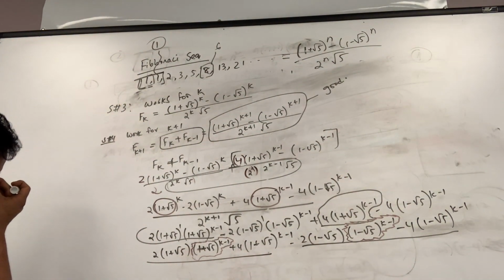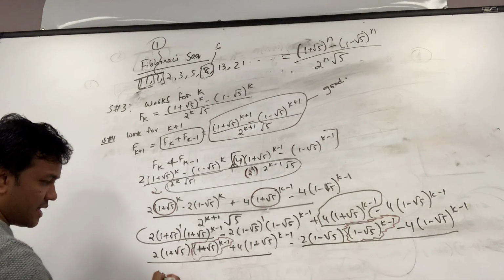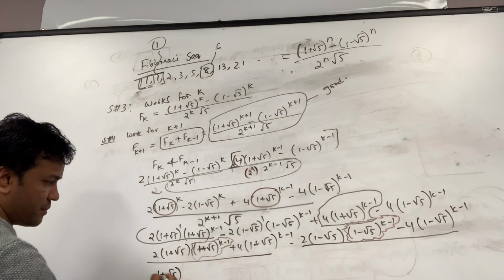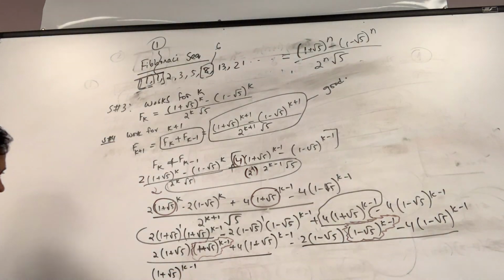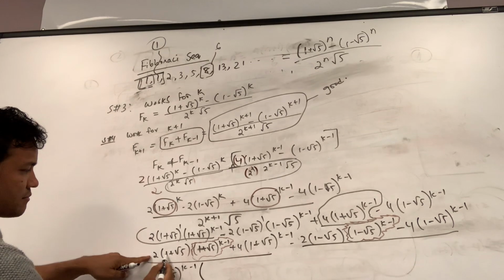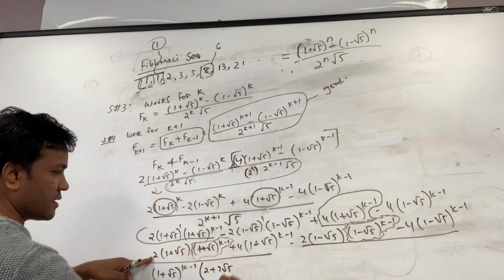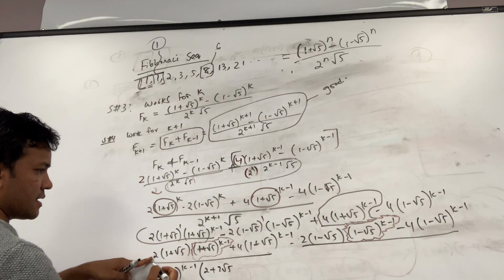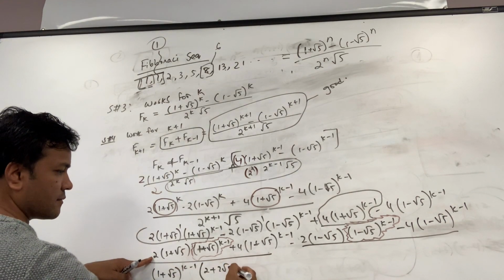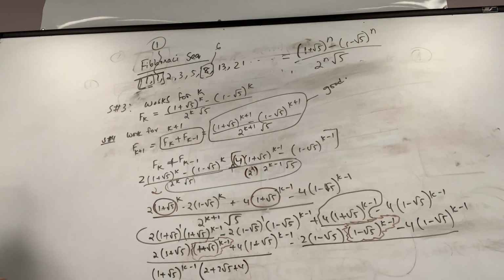Okay. All right, so (1 plus root 5) to the k minus 1 times 2. Then what do we have? 2 plus 2 root 5 plus what? Plus 4. We good? We good.